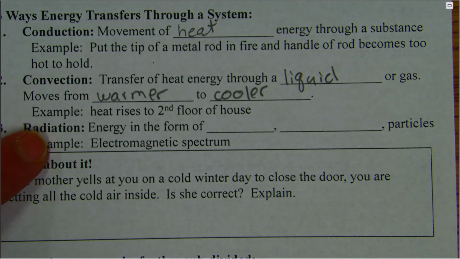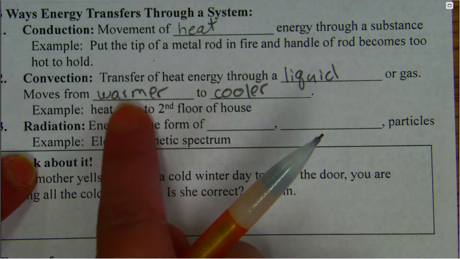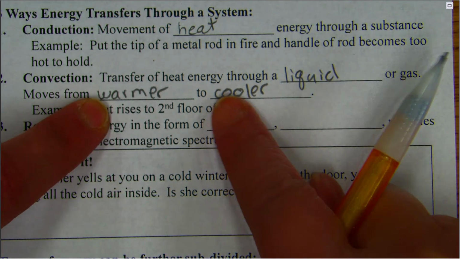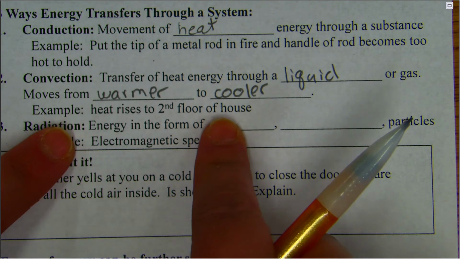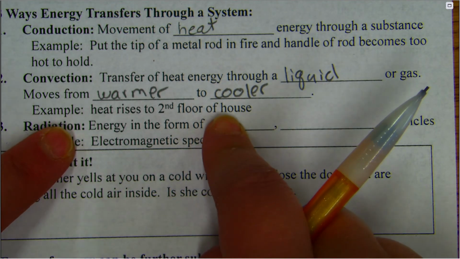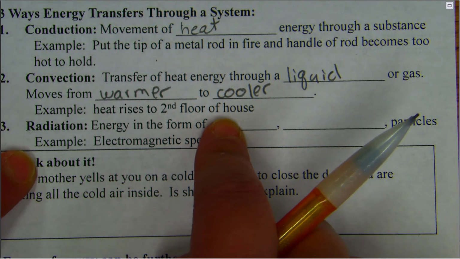You have an entire unit on clouds and convection and how different weather patterns change and whatnot. Okay, so the movement of heat energy from warm to cool. And this is why the second floor of a house tends to be warmer than the first floor, because that warmer air will rise to the second floor.